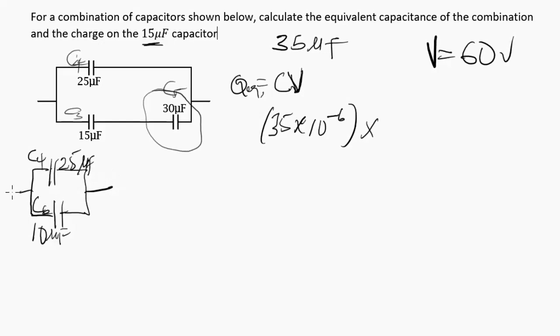Now, also recall that the potential difference across this will be the same since it is a parallel connection. So that is 60 volts.